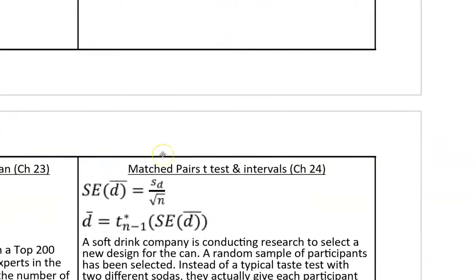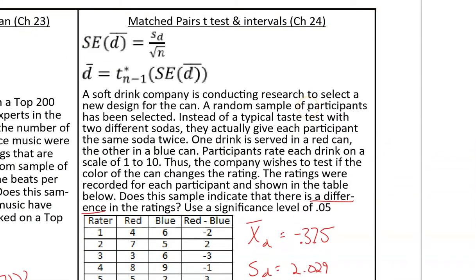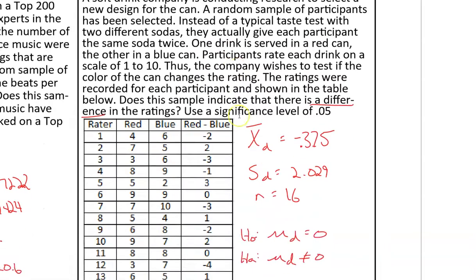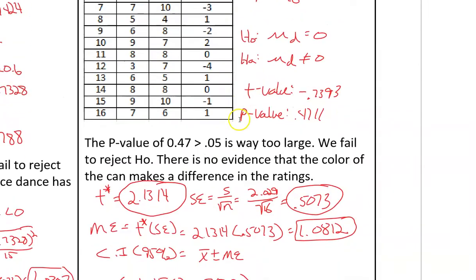Let's go down to some problems. Let's look at the matched pairs one on this sheet. The soft drink company was doing research about a new design for a can. And remember, we did our research on this and we failed to find convincing evidence, right? But what if we were wrong?